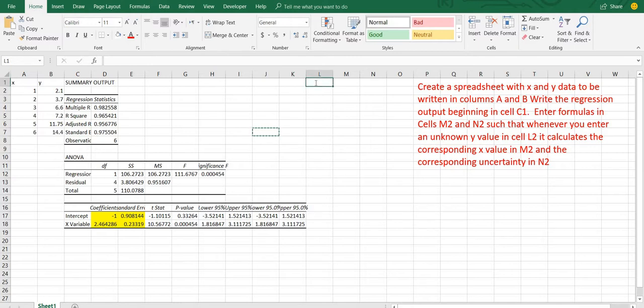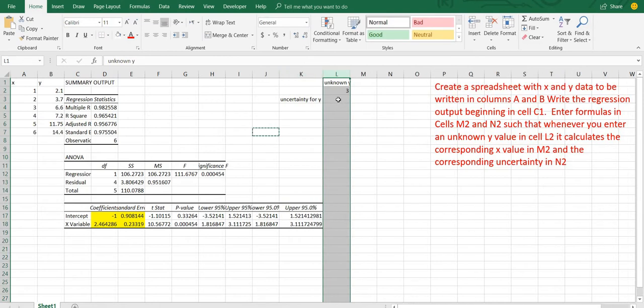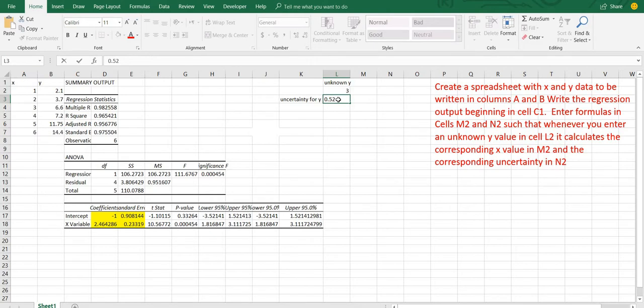L2 will be our unknown y, and we could just make any random number such as 3. And for K3, we will label this as uncertainty. We could also make up any values for this because it will be calculated later on.